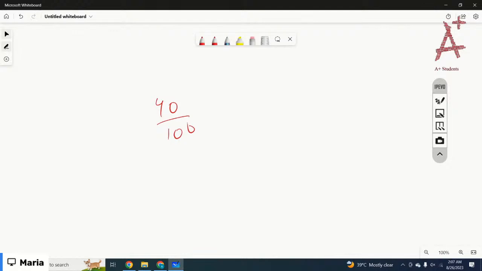So when you write 40 over 100 in the percentage form, it would be 40%, right? And in the decimal form, it would be 0.4. Also, you have to convert it into simple form. So you can just divide by 20. 20 times 2 is 40 and 20 times 5 is 100. It would be 2 over 5, right? Okay.